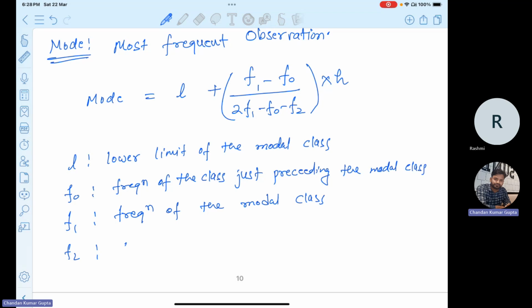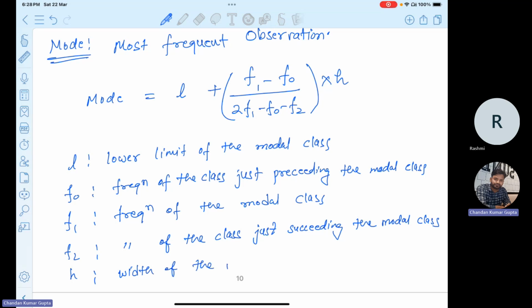And f2 is the frequency of the class just succeeding the modal class. And h is nothing but the width of the modal class. Once we are able to find the modal class, then we are able to calculate the mode value for that grouped frequency distribution.